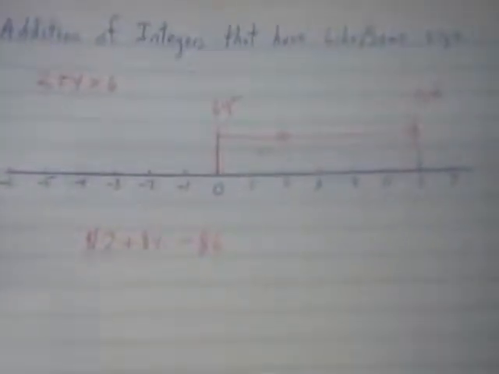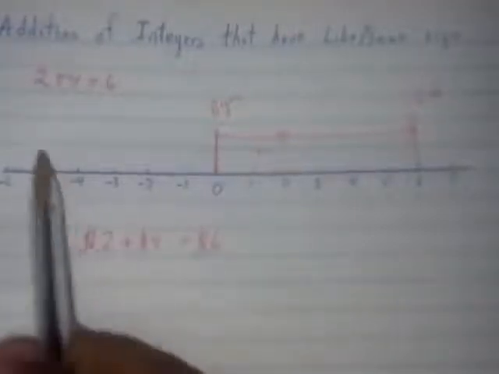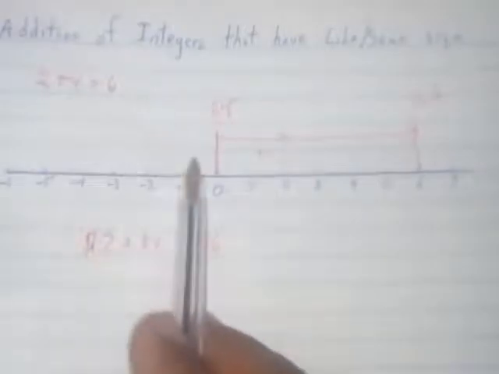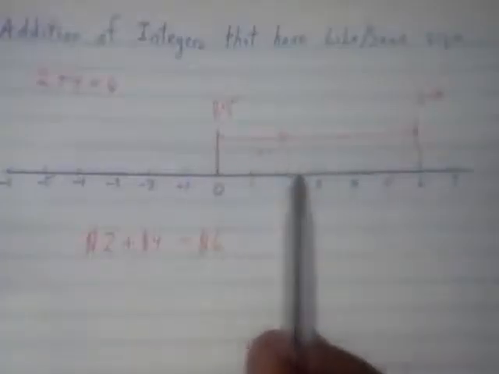So this is the addition of integers with like signs. 2 plus 4 equals 6, and we can use our number line by going towards our right since they are positive. Let's consider our next scenario.